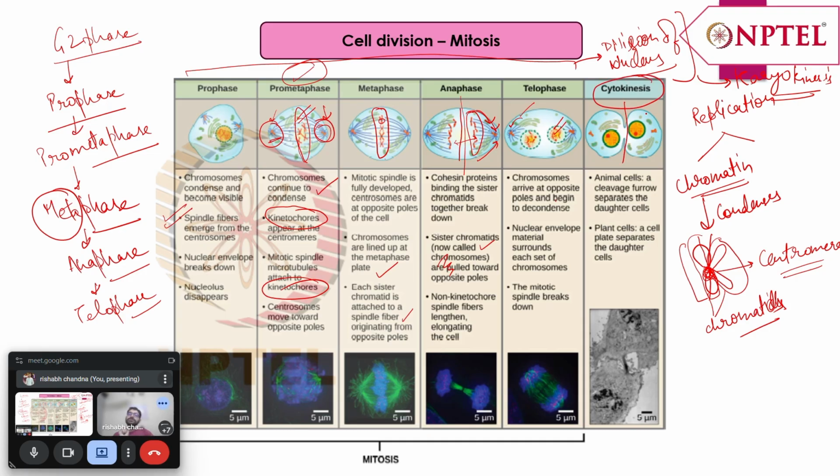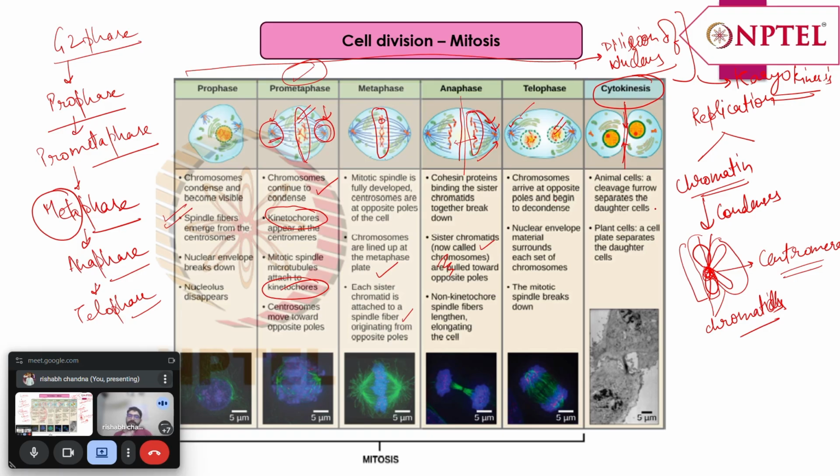This happens so that the cell is completely divided into two daughter cells. There is a furrow formation in the case of animal cells. This furrow moves from the outer to the inner part of the cell, and it leads to the breakage of the cell membrane. In the case of the plant cell, a cell plate is formed, which grows from the center of the cell to the periphery.